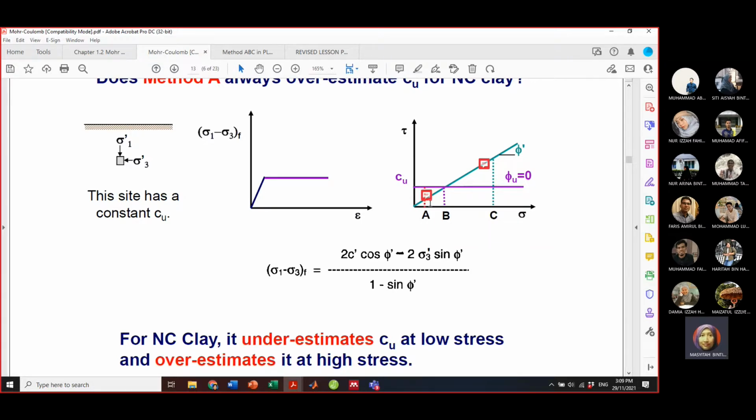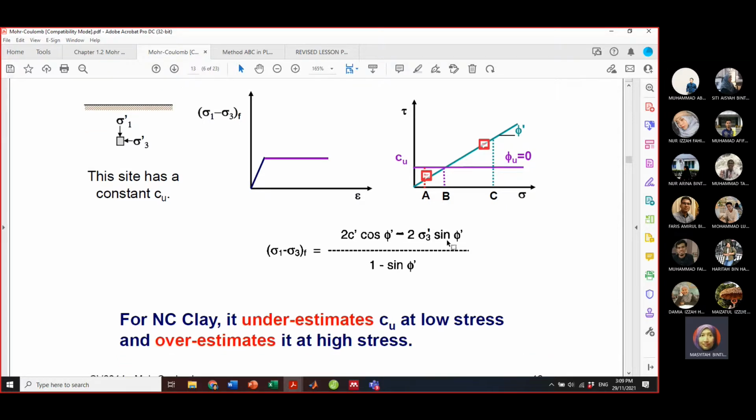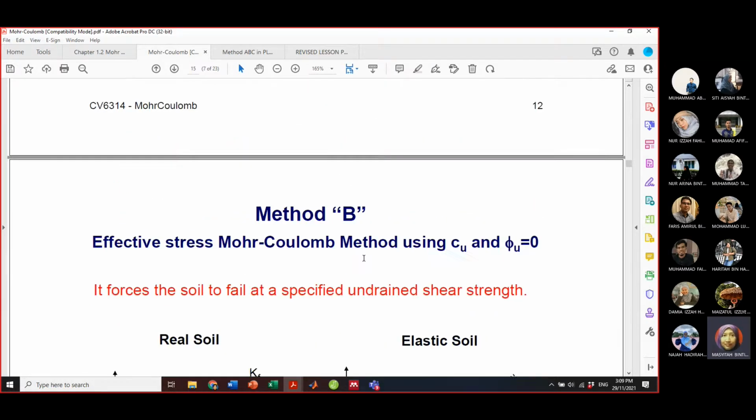What exactly happen ataupun apa sebenarnya berlaku bila kita guna Mohr-Coulomb. Kalau you guna Mohr-Coulomb model, below this line you akan dapat underestimated at the low stress from A to B, whereby from B to C dia akan produce to you overestimated stress, overestimated for high stress. So it means that the MC is not represent the real behavior of the soil on site.